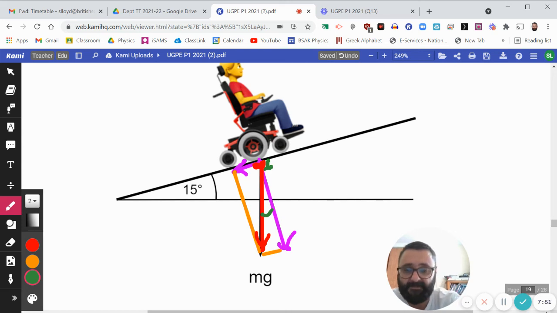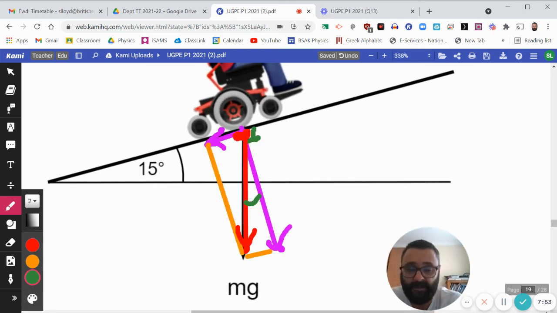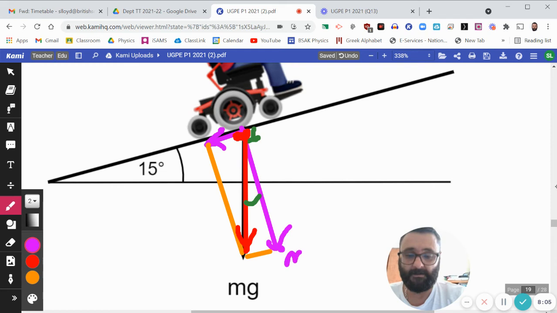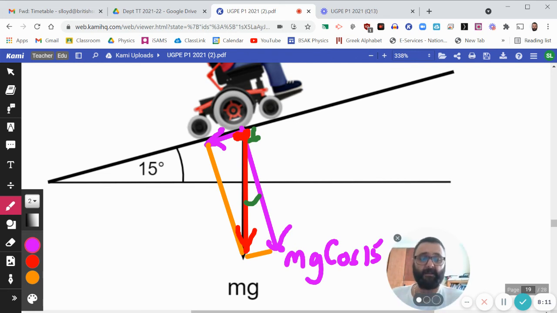Now, if that's 15 degrees there, then the component which is perpendicular to the slope is mg cos 15, because it's adjacent to the angle.